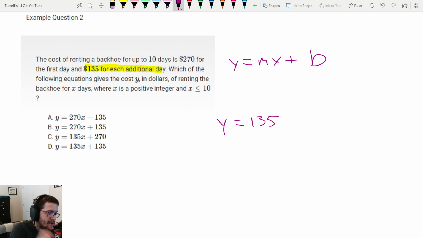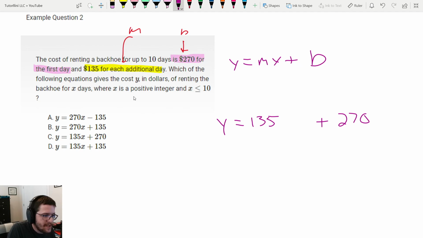And the y-intercept, the initial amount, is 270. But you see how it says 270 for the first day? It's not at the start, it's for the first day. So that's your b and that's your m.